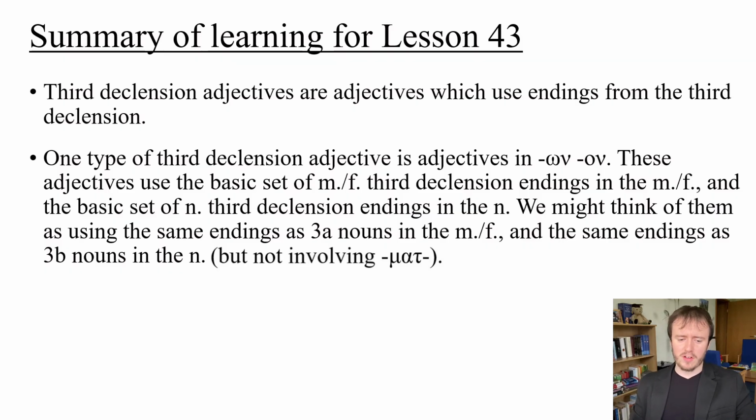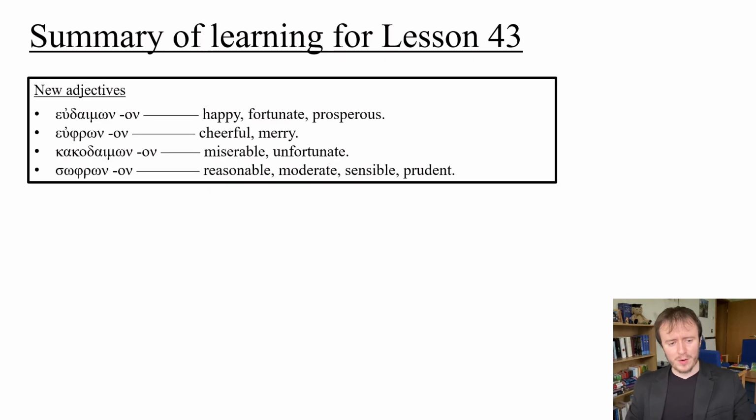We might think of them as using the same endings as 3A nouns in the masculine/feminine and the same endings as 3B nouns in the neuter, but not involving mat in the stem. Remember, adjectives in on have oblique stems ending in on. In addition, we've learned 4 new adjectives today, namely the 4 adjectives in on that are on the screen.